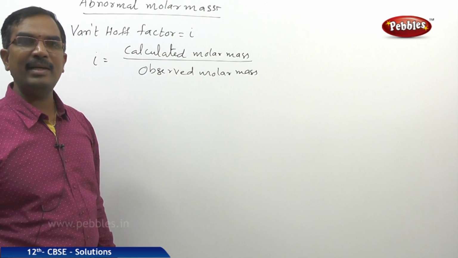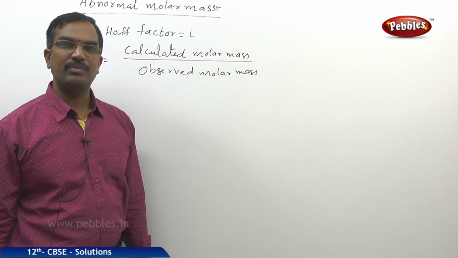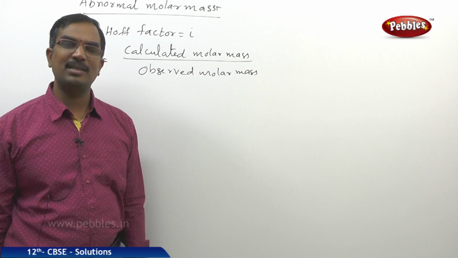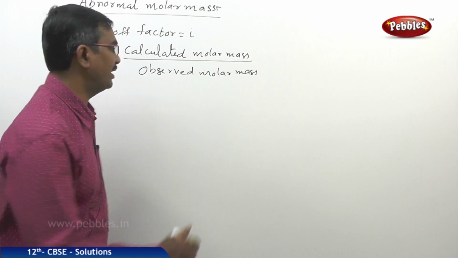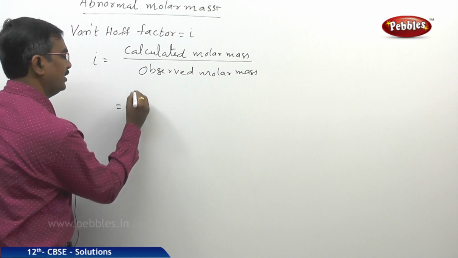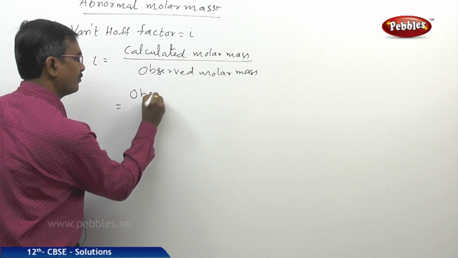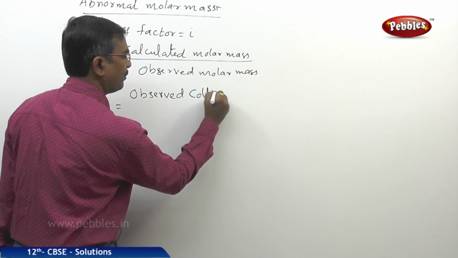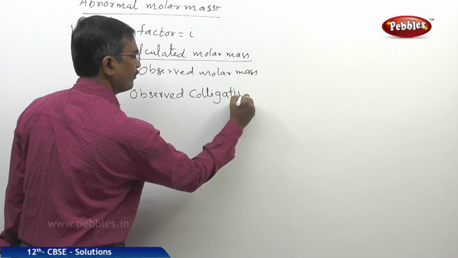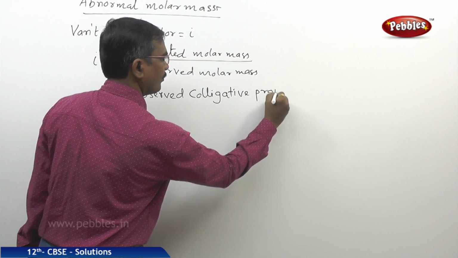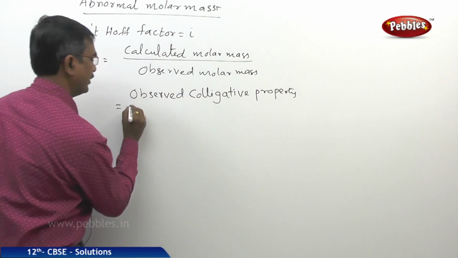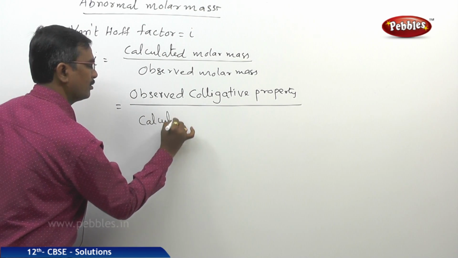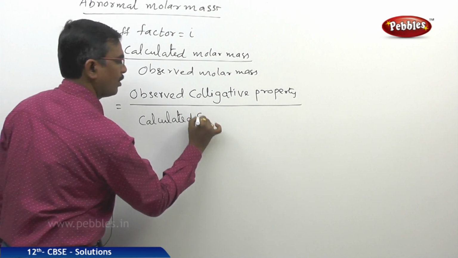And we are aware that there is a relation which we have discussed already. The relation between molar mass and the colligative properties is inverse proportionality. That's why we can write this as the observed colligative property divided by the calculated colligative property.